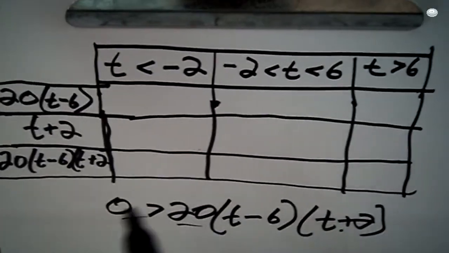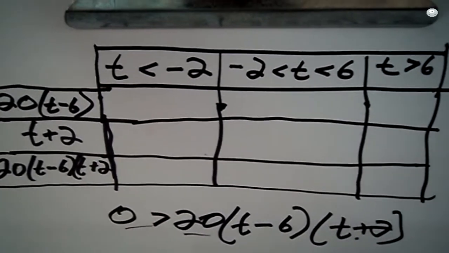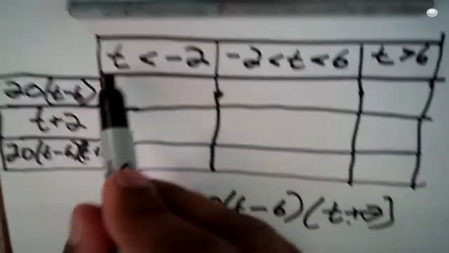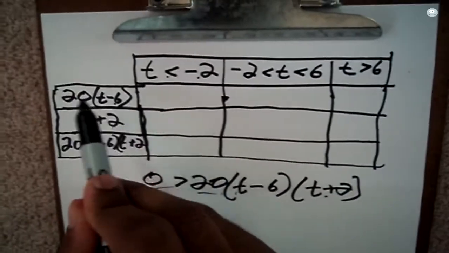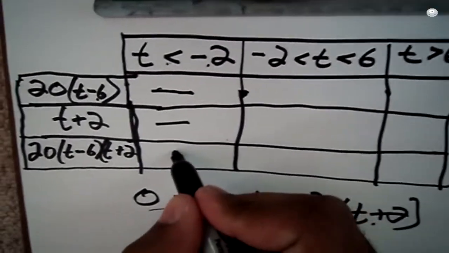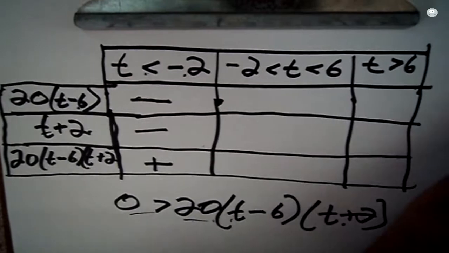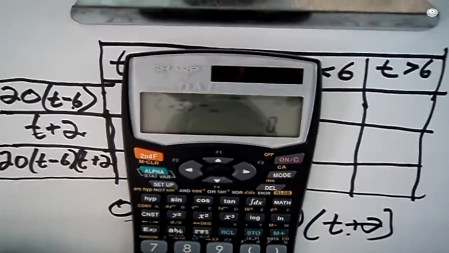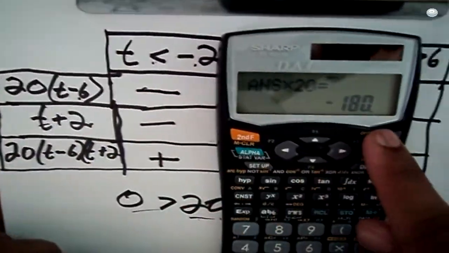Okay, so we're going to use this table to examine the sign of the factored polynomial expression on the right side of the inequality. What number we're going to use here is negative 3 because it's less than negative 2. Plug in negative 3: negative 3 minus 6 is negative 9, a negative number.